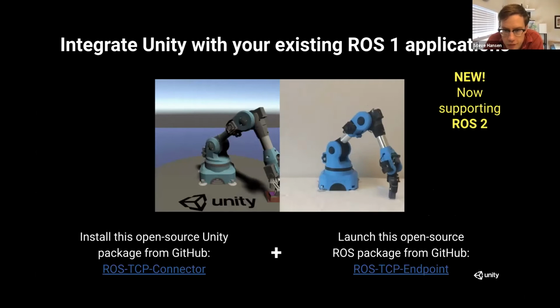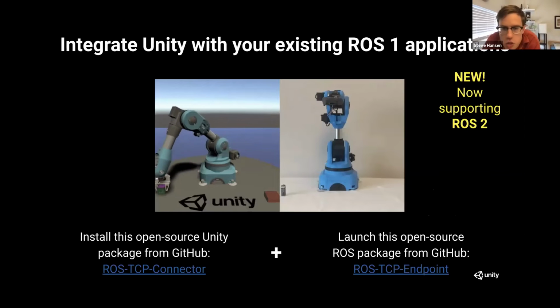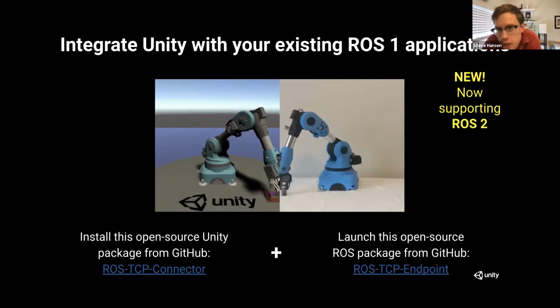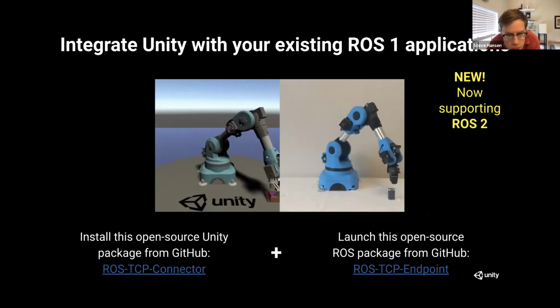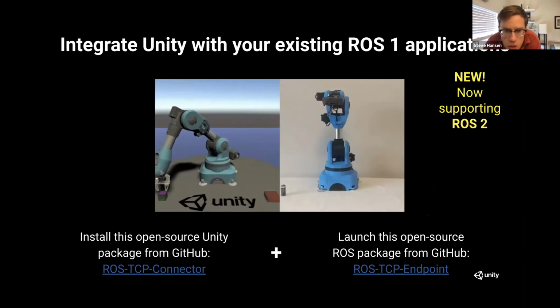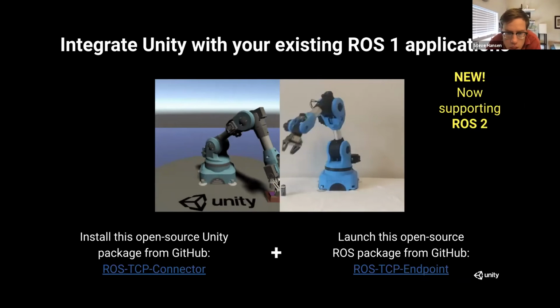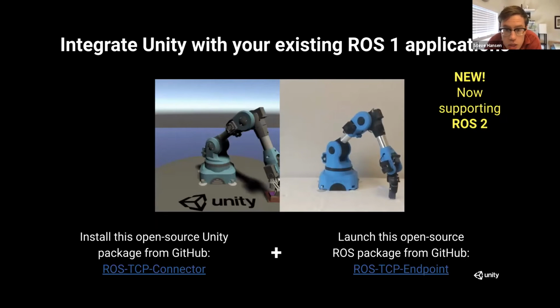So that URDF importer means you can get some robot into a virtual world, but then you can start to draw connections between a virtual world and real robot data with a ROS1 bridge and ROS2 and ROS1 TCP connector. So here you can see a robot in simulation. This is simulated code running locally against the Unity simulator.